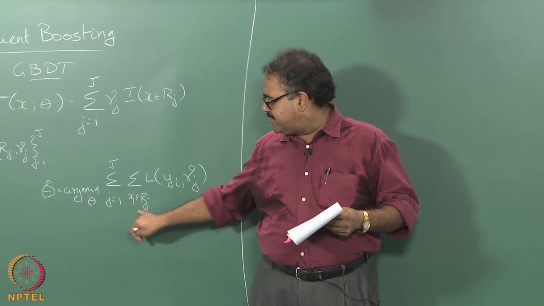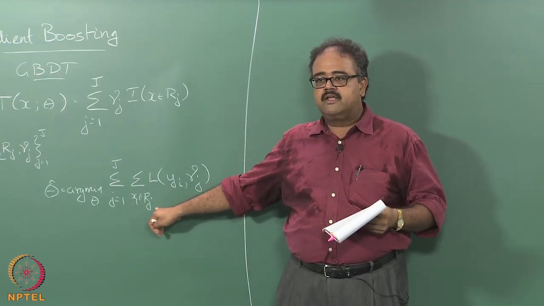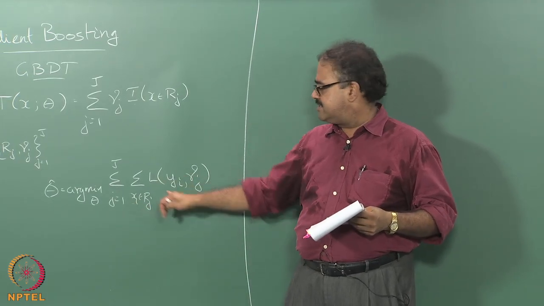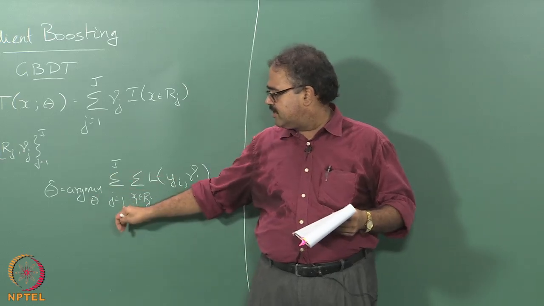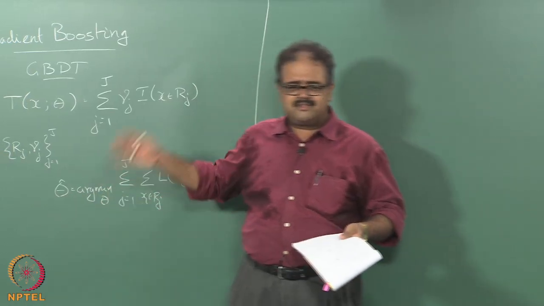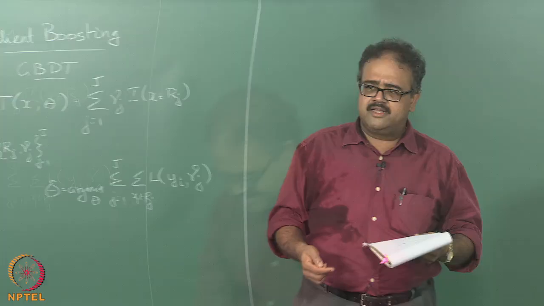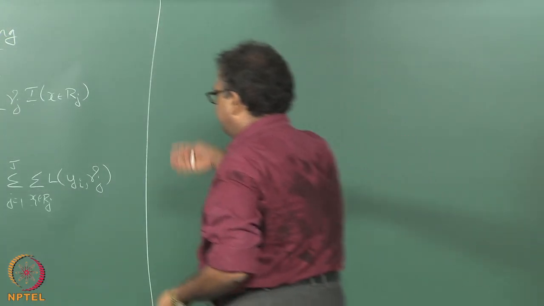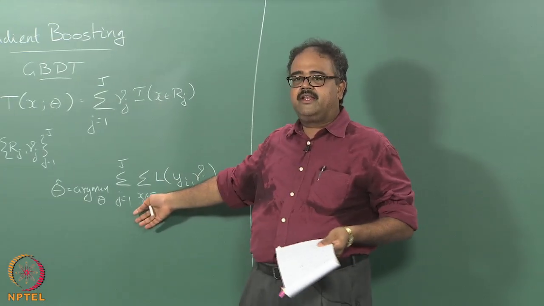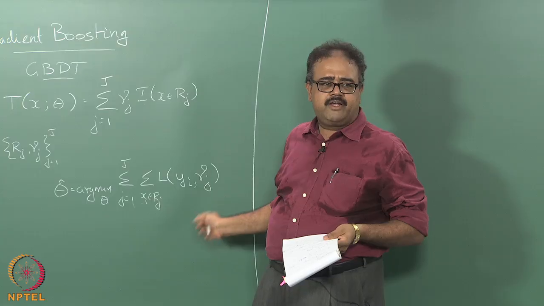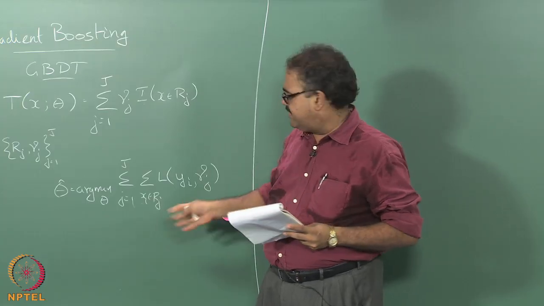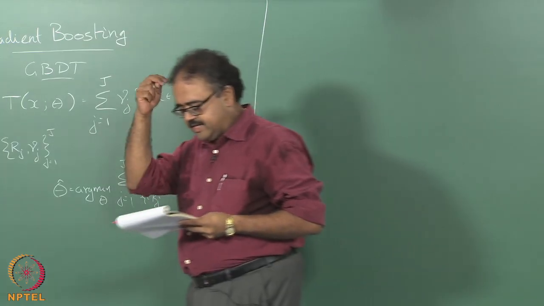For all data points x that belong to a region Rj, the output will be gamma j. So, this is the loss there, and I sum this over all regions. I am just recapping decision trees for you. And then we looked at greedy methods for finding Rj, and given an Rj we knew how to fit gamma j.